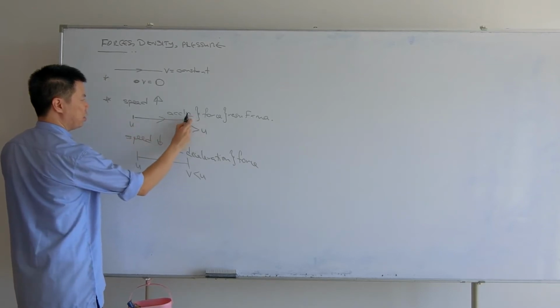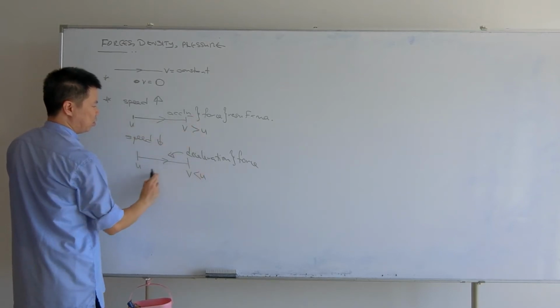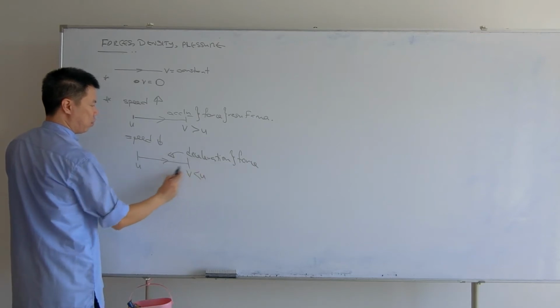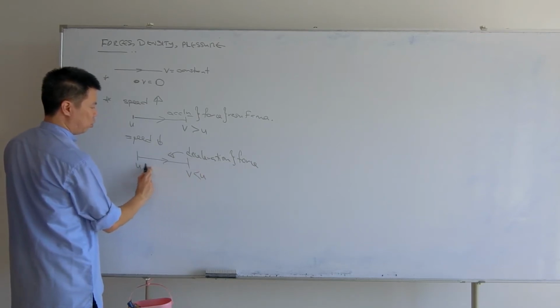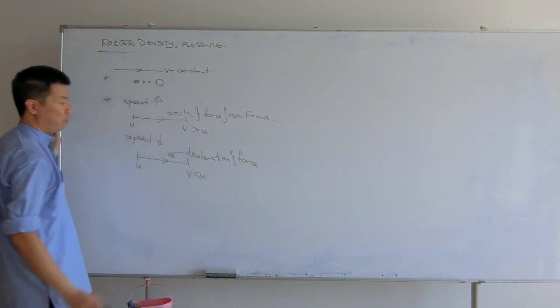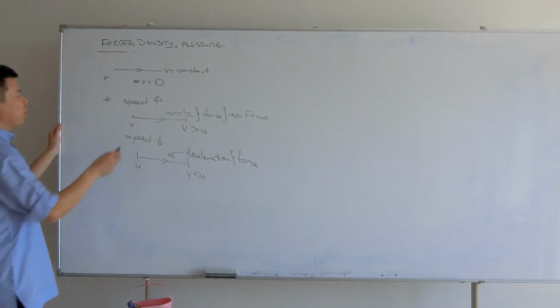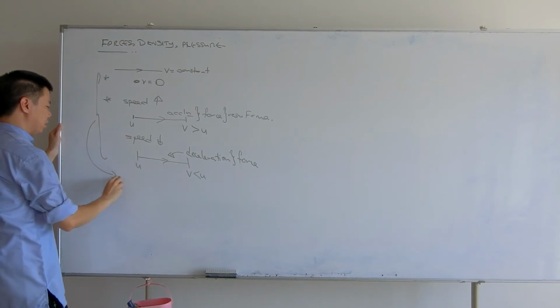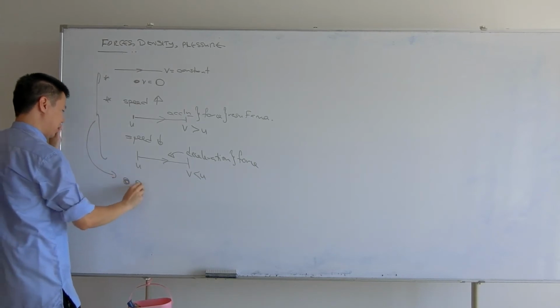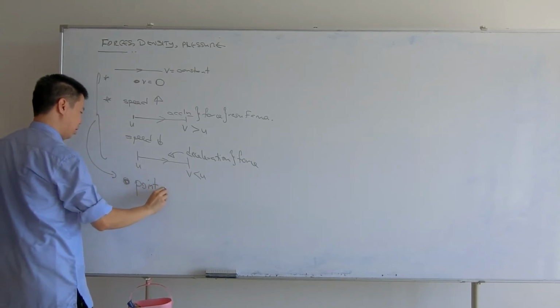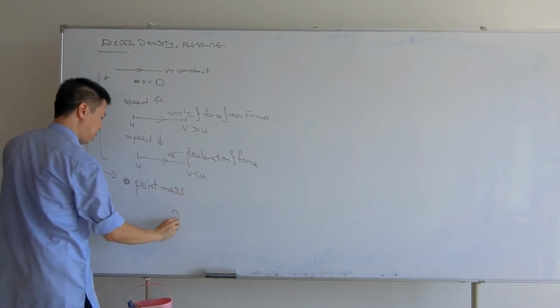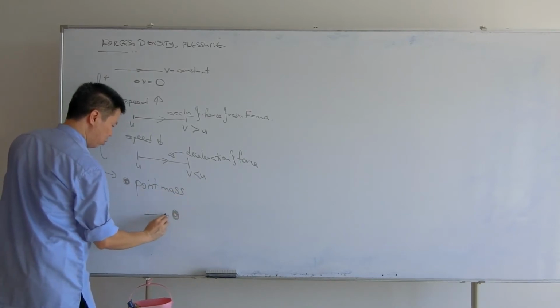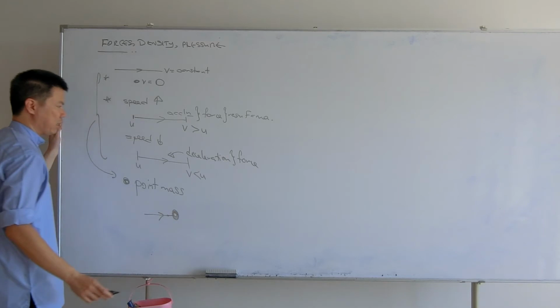In this case, you have a force in the opposite direction to the motion, so that you have a deceleration. All this takes into account that the object is a point mass. That means you're applying the force onto a point mass.